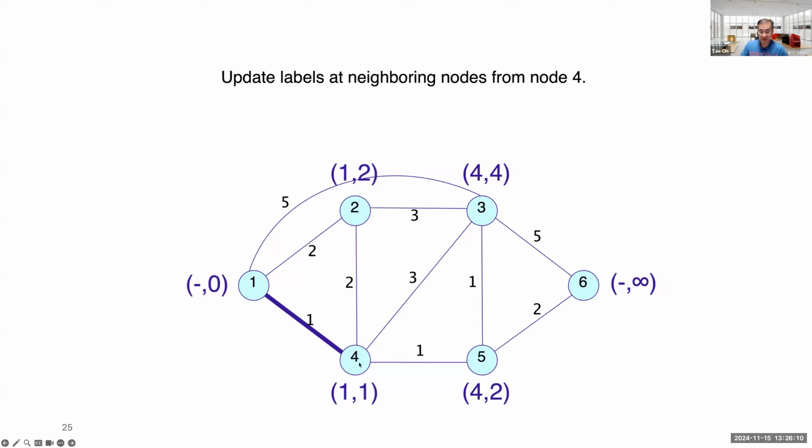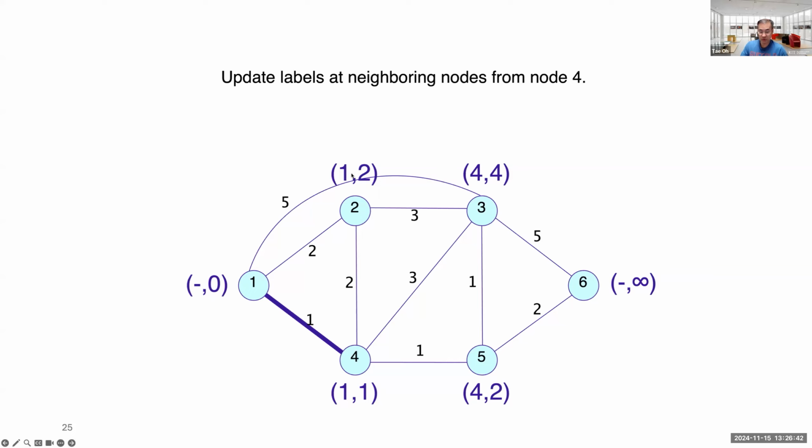Expand. So in this case, the next node's previous node is 4, and 4 here too, and the cost is 4, because 3 plus 1 is 4, right? And over here, the previous node is 4, and the cost is 1 plus 1 equals 2. How come this does not change? Because previous node 1 with cost 2 is the least cost.